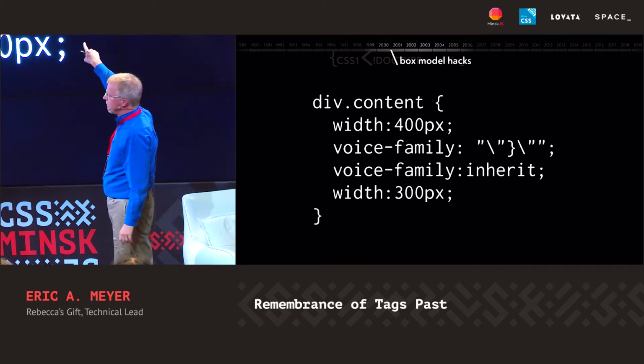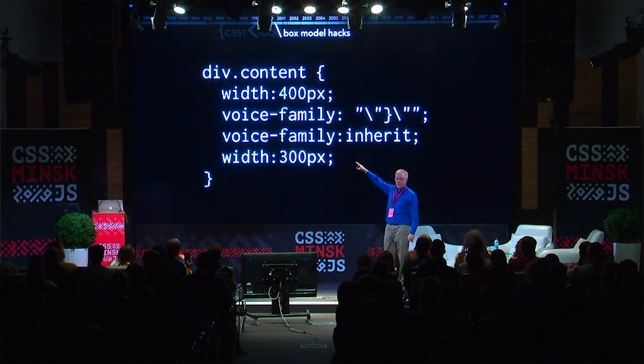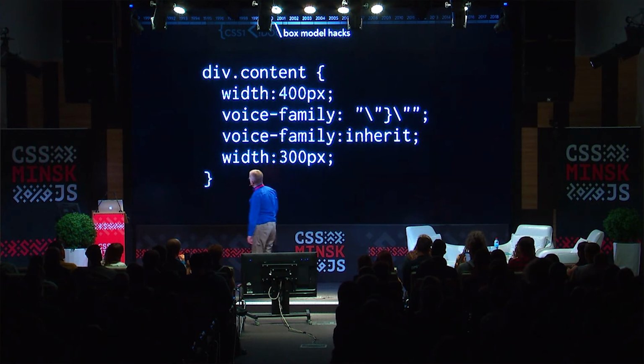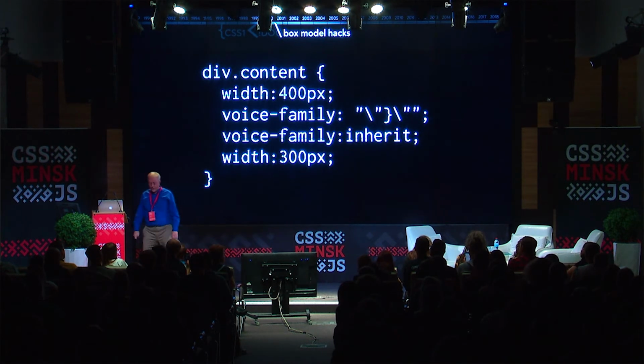So they would only see width 400 pixels. But in more recent browsers that didn't have that parsing bug, they would keep going and override the 400 with 300 or whatever value it was you needed. Right? These were a bridge, in effect.